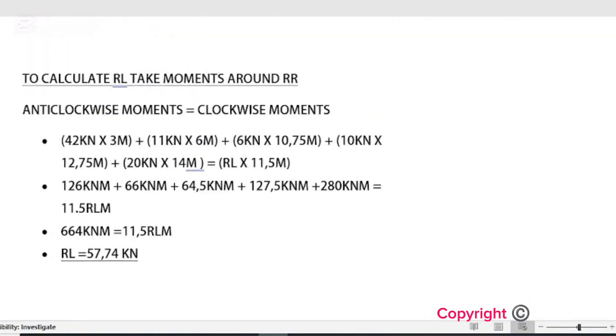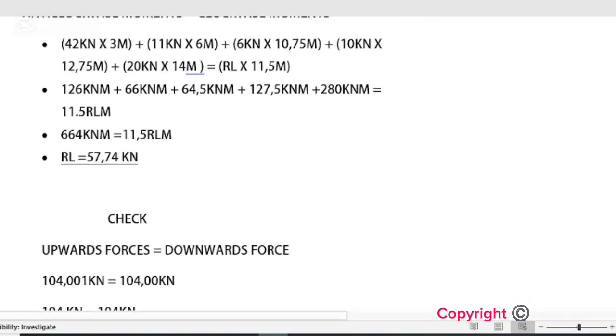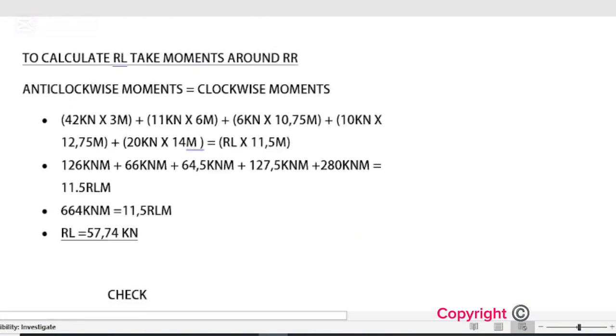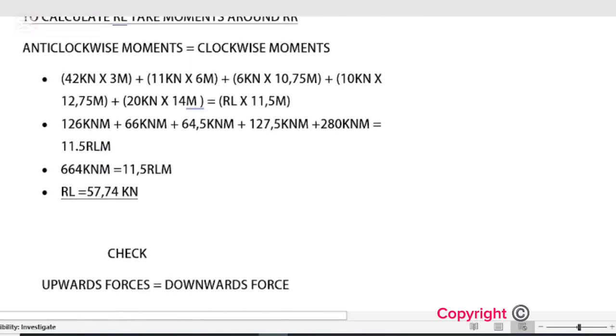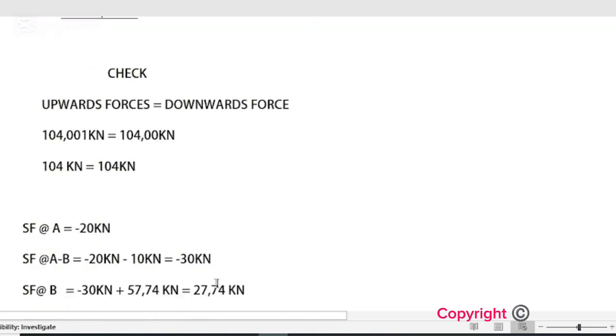Okay, there is something which is wrong here. The first one was shear force at A. Then the second one is A to C. This one will be at C, not at B. Now solve for this.